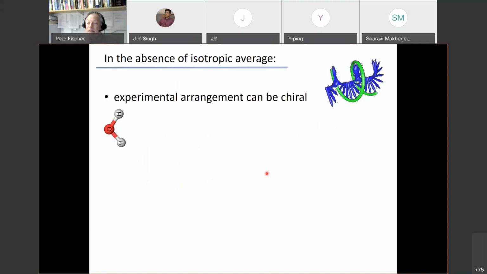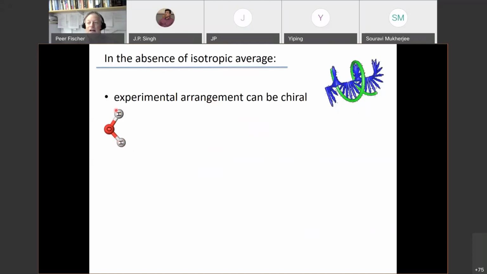And the problem is that by looking at a single structure, if we hold it, if we clamp it, if we put it on a surface, if we grow a film on a surface, I believe most of the results that are reported have got nothing to do with true chirality, because you can get differences in the absorption of left and right circularly polarized light very easily, even with things that are not chiral. And I want to demonstrate that to you with a water molecule. So a water molecule here, you can also imagine it could be a plasmonic antenna that has this V shape.